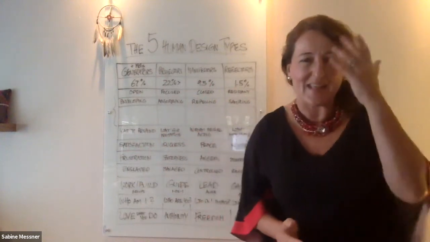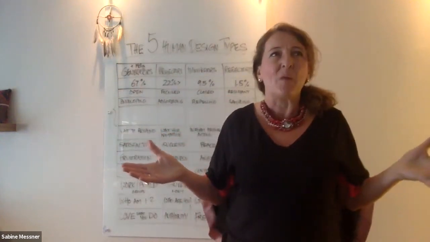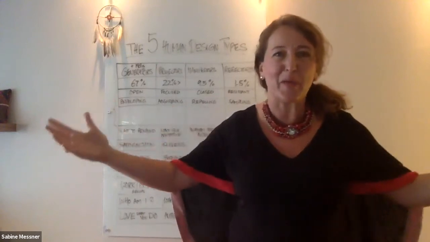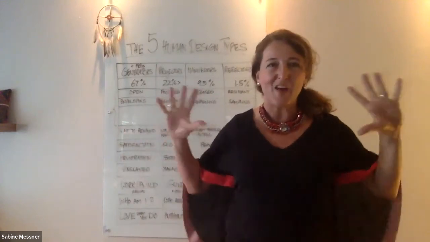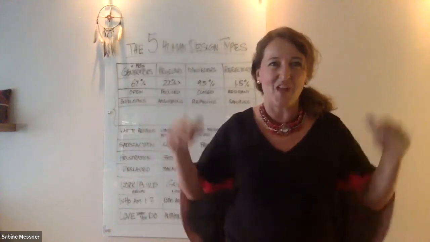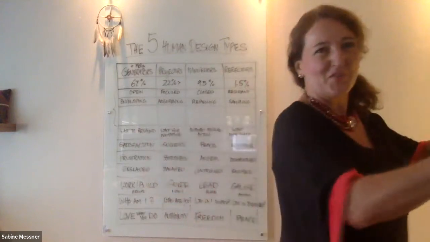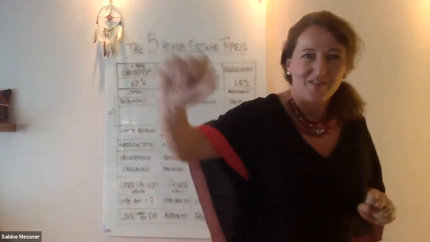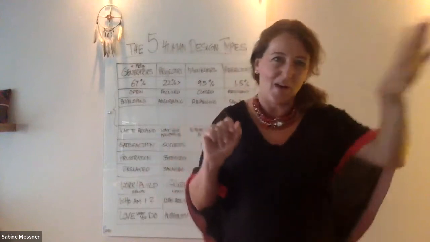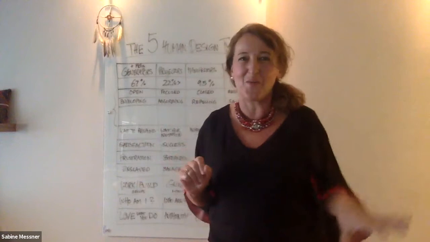Less than 2%. So if you were to, at any given time, when you have, say, 200 people in the room, ask them, how many generator or generator types do we have? And let's move them all into one corner. And how many projectors do we have? So it's about 2/3 of the room goes into the generator corner.